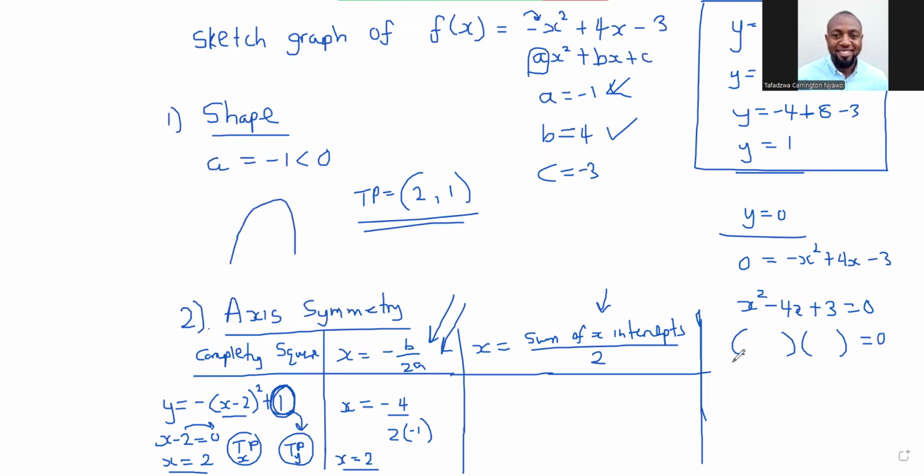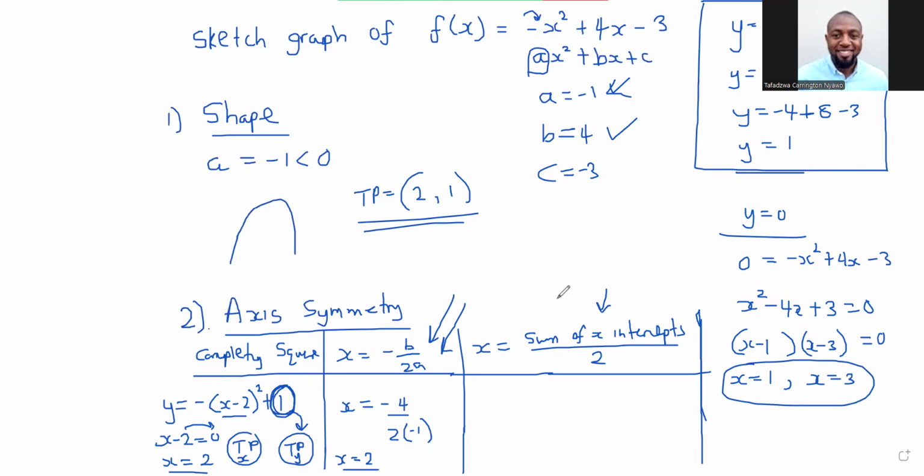So here, obviously, I'm going to have x minus 1, and then x minus 3. So you can see my x-intercepts: x is equal to 1 or x is equal to 3. So these are the x-intercepts that I just needed.